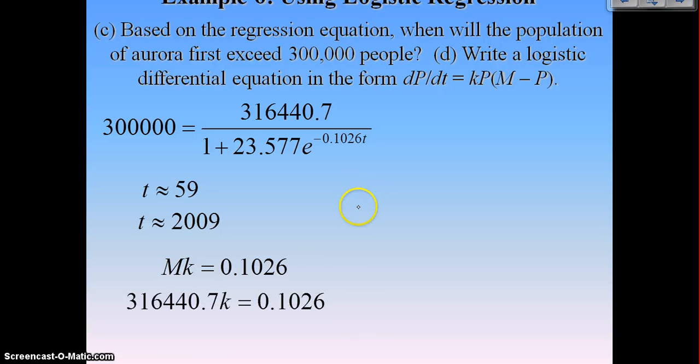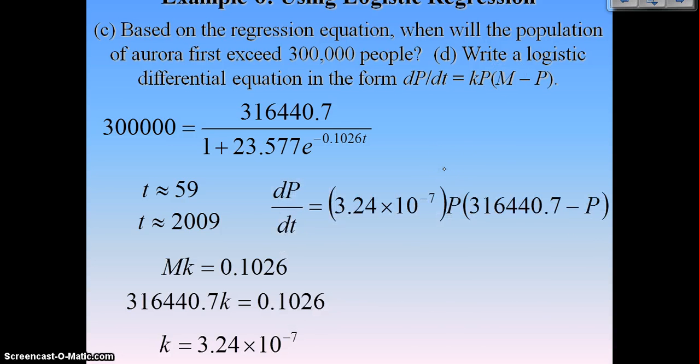I also know that M is 316,440.7, which I will actually plug in right here in just a second. But now we can find K. So I'll take this number, I'll divide it by that one, and you get a scientific notation answer on your calculator. And there it is. So now I take that K value, I plug it in right here, I plug the M value that I already know in, and there is my answer.